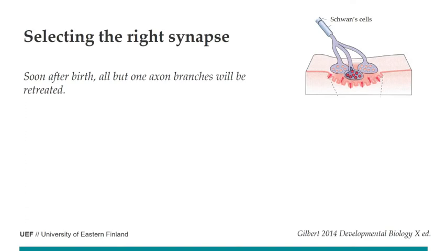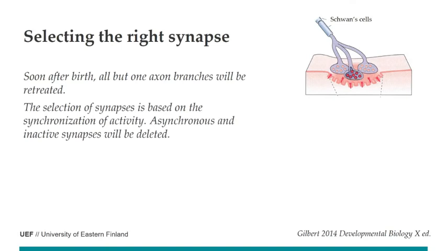And how they are selecting is that they are checking whether they are synchronized. If you have several synapses and they are releasing acetylcholine at the same time, then they are coming from the same motor neuron, and that's okay. But if some of them are giving the signal in different phases at different times, then that's asynchronized, and these kinds of synapses will be deleted.